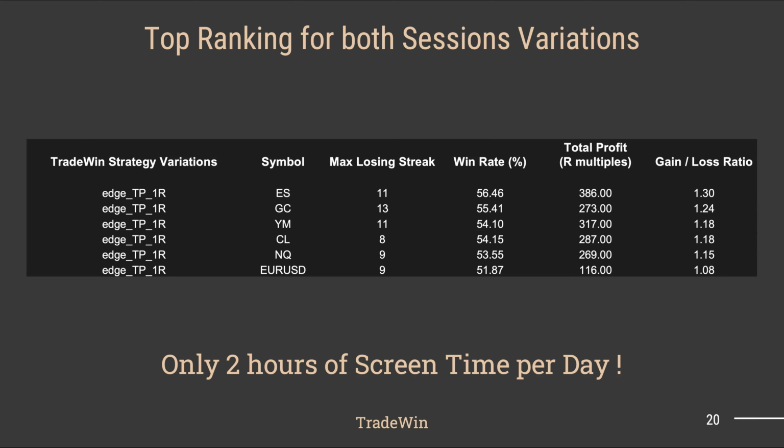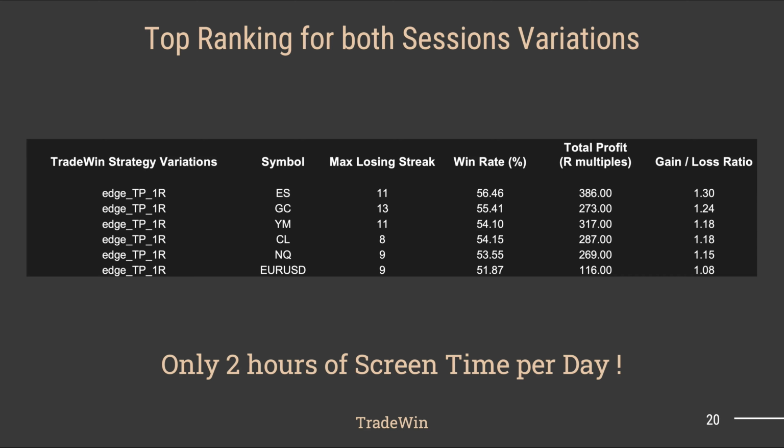I'm continuing with the top ranking for both sessions. This means that you take 2 hours of screen time per day, during London and during New York. So that's best if you live in, I would say, Western Europe, because you can trade the London session in the morning and then the New York AM session in the afternoon.